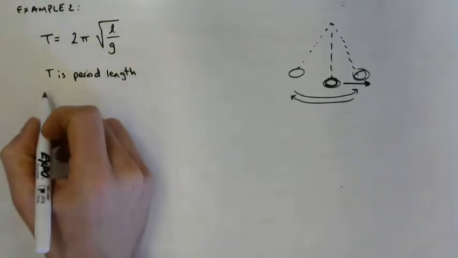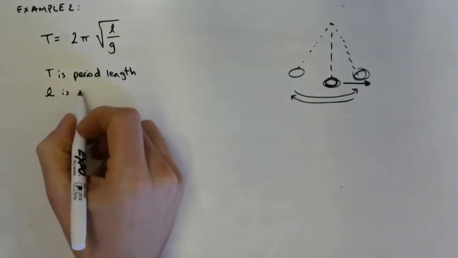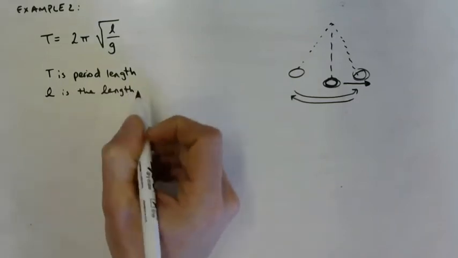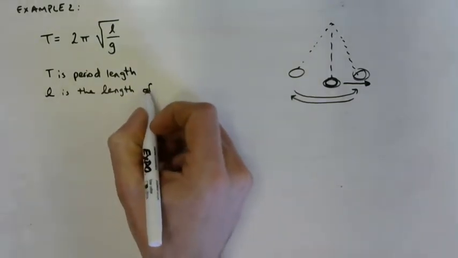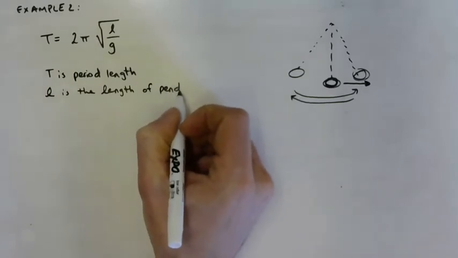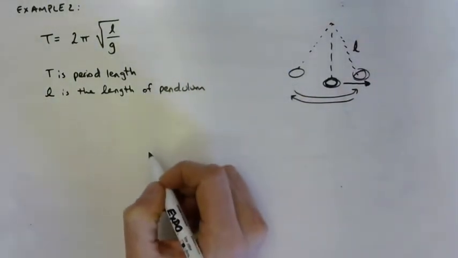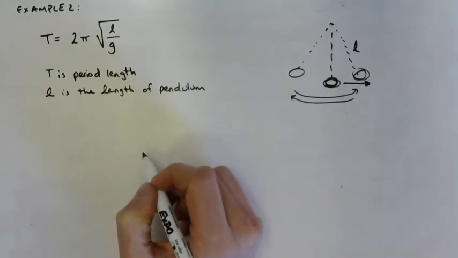L is the length of the pendulum. Should be right here. It's measured in meters.